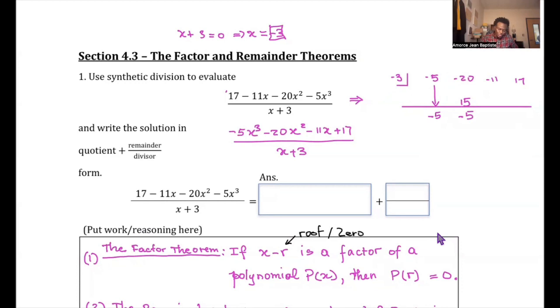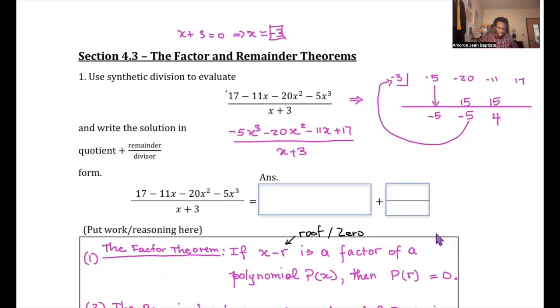We do the same thing that we did with the first -5, which we multiplied by -3. It's another +15. And we do the same thing that we did with the first +15. This time it's -11 plus 15, that is +4.